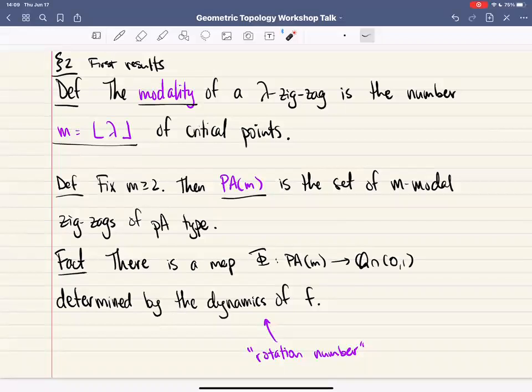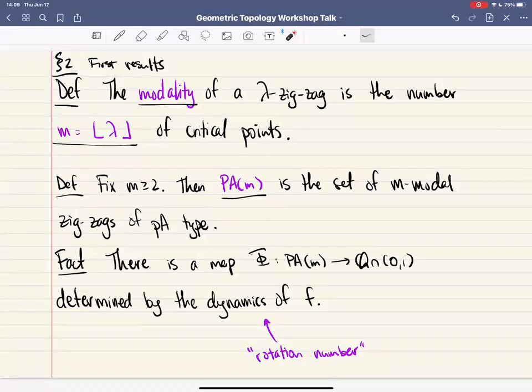I'll usually write that modality as M. Okay, and then I will define PA of M as the set of M-modal zigzag maps of pseudo-Anosov type. So I look at all the zigzags that can be turned into pseudo-Anosovs. I consider only the ones that have M critical points. That's the set PA of M.